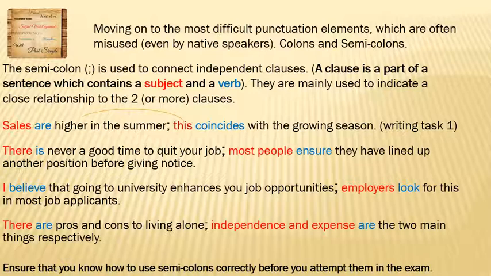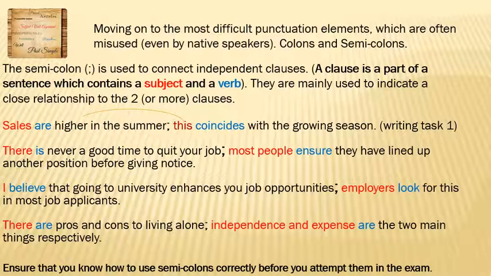So all you really need to know is how to use them for the exam to make sentences and break them up and make lists, etc. As I say here, they're often misused even by native speakers. So it's not something that you don't know because you're not a native. We also don't use them correctly.